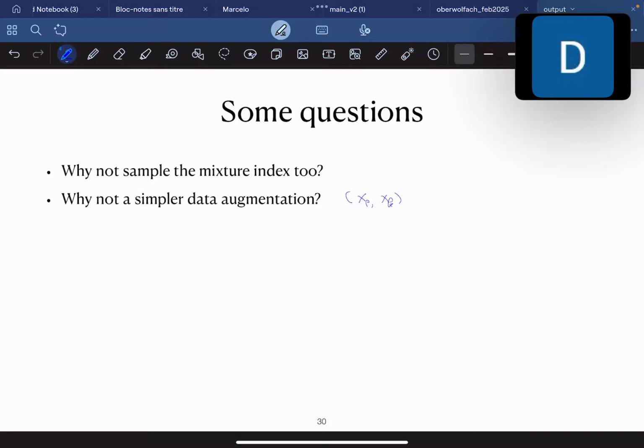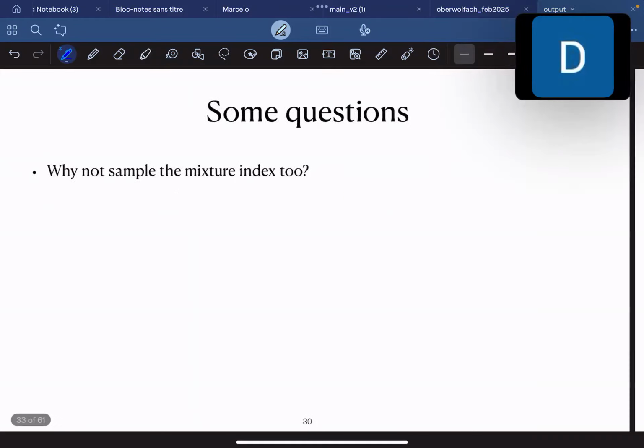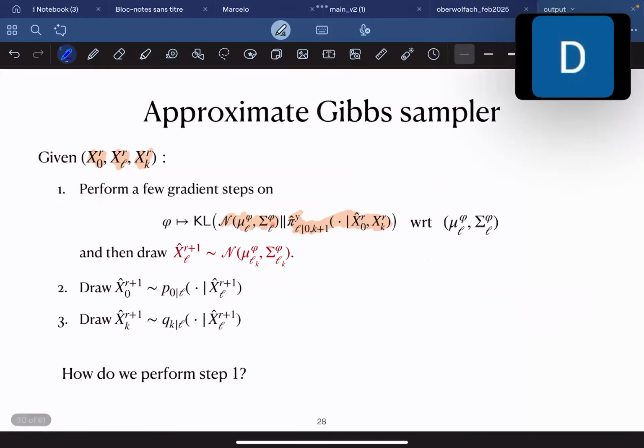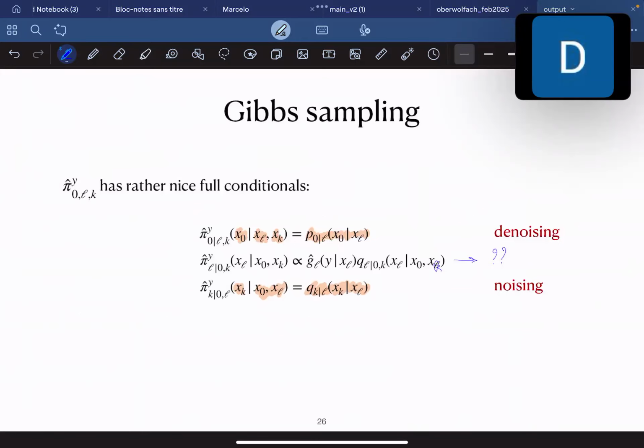The main reason is that if you look at the line where there was a typo, you could also only consider a joint over L and K and not consider 0.